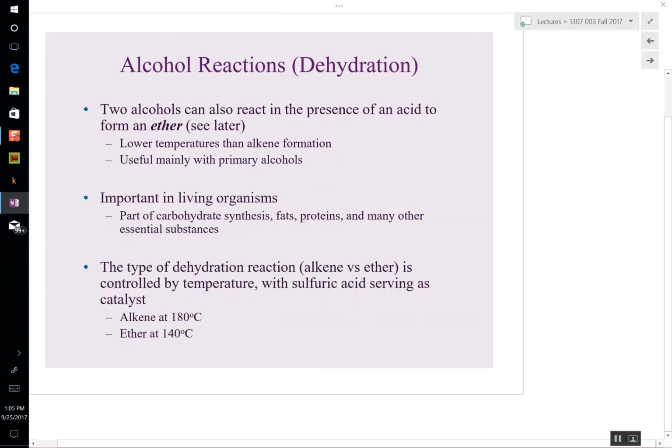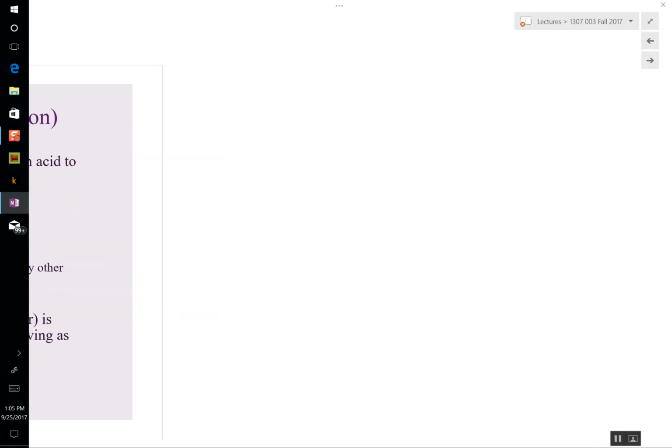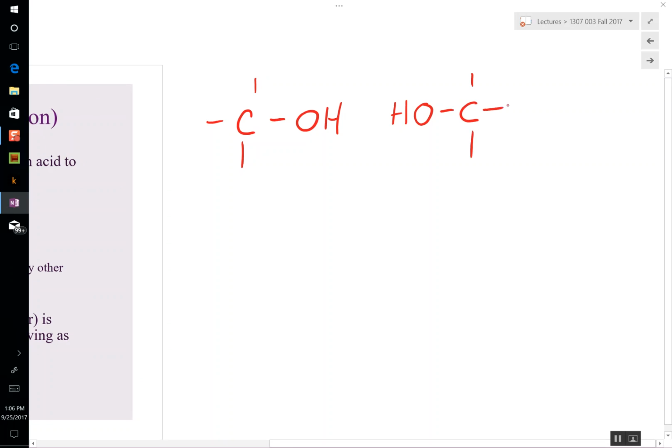But in ethers, and we're going to get more slides on ethers, but let's go ahead and introduce it right here, because I'll probably forget to come back to it. Ethers are formed when we dehydrate between two alcohols. Let me show you what I mean. Let's take a simple alcohol where you can't dehydrate methanol and form an alkene.